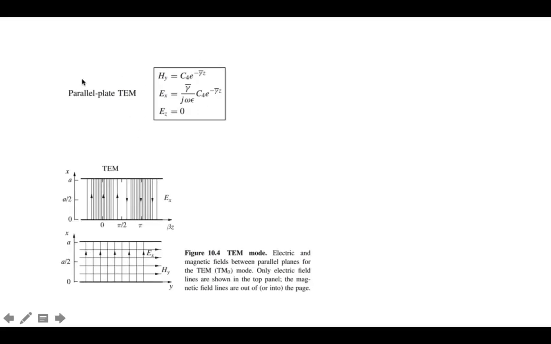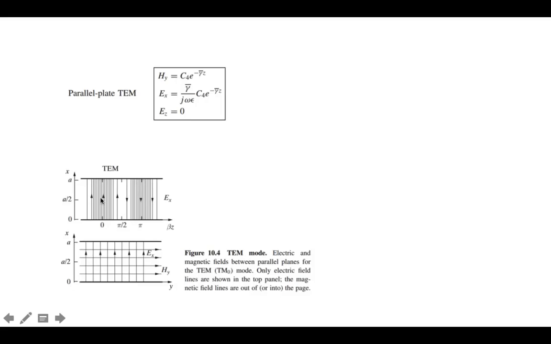And the parallel plate TEM basically would look like this, where if you look in a cross section, so this is looking down the end of the waveguide, you see this E field distribution and H field distribution. They're perpendicular to each other, and notice they are evenly distributed, so they're constant perpendicular to each other. And then if you look along the length, you can see here is this EX, because now this is Z, so now we see these electric field lines.